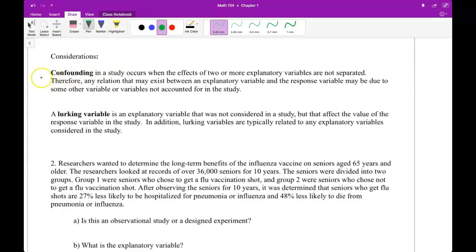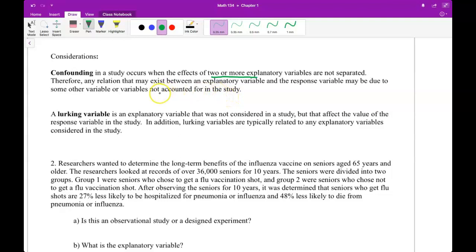Okay, now in this part we have confounding. Confounding in a study occurs when the effects of 2 or more explanatory variables are not separated. Therefore, any relationship between an explanatory variable and the response variable, so between what we control and what the outcome is, may be due to some other variable or variables not accounted for in the study.